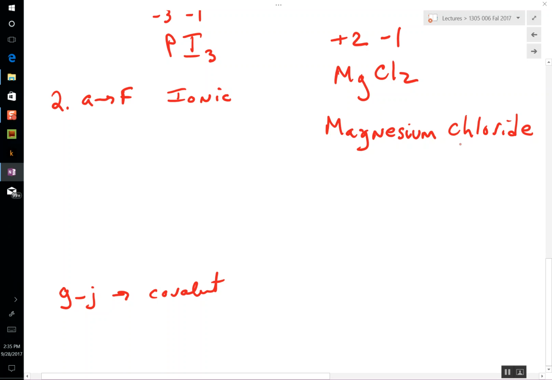All right, so I'm going to do some of the easier ones just real quickly. Barium iodide. All right, now this one is worth concentrating on for a second here.